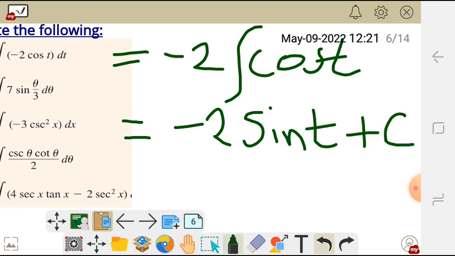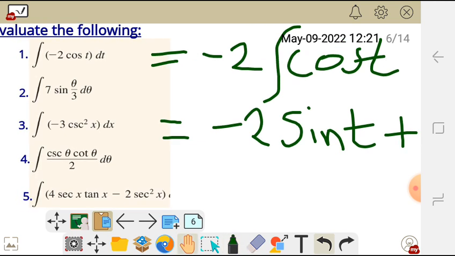This will be the solution for that question. So the integration of negative 2 cos t here is simply negative 2 sine t plus c.